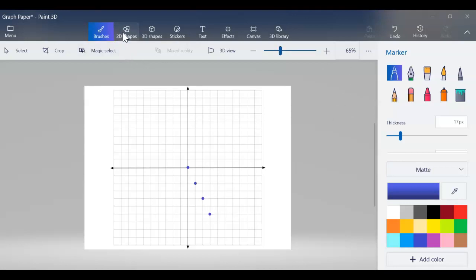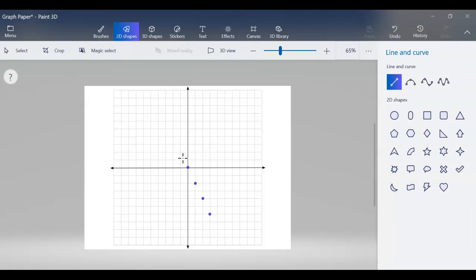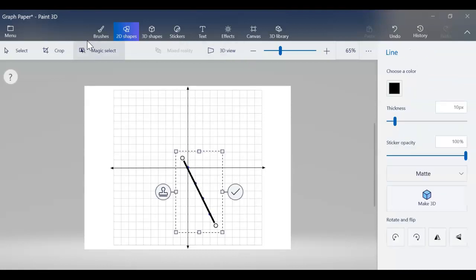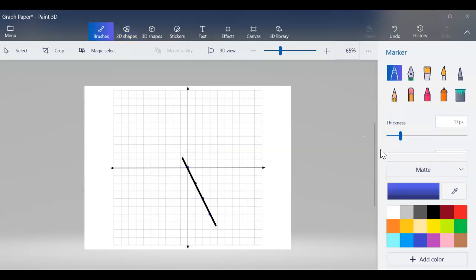And then obviously we can draw a line here through these points. Draw a pretty good line as far as I can do anyways. And then as far as arrows on the end, we'll draw a little bit of arrow on the end to signify that this line goes forever in either direction.